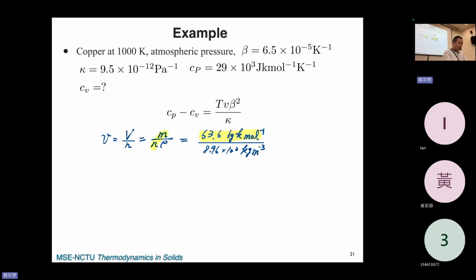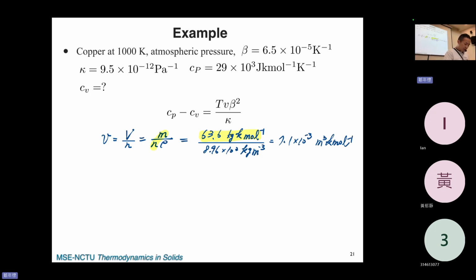If we give you an exam problem, I will provide all the detail because you cannot use Google, right? Anyway, 7.1 times 10 to the minus 3 per K per mole. So as you can see, this problem still needs you to Google that.